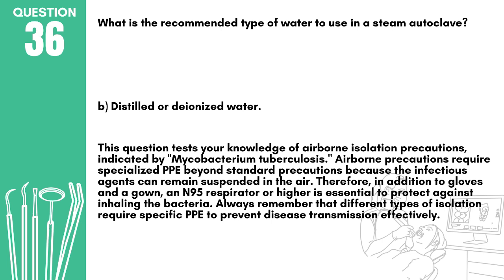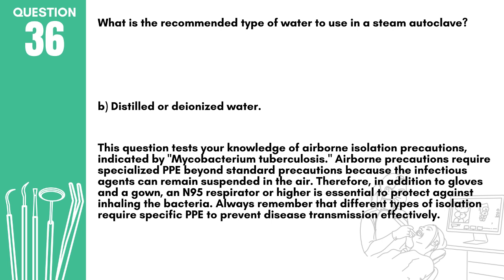This question tests your critical knowledge of sterilization equipment maintenance and longevity. The keyword recommended type of water to use in a steam autoclave refers to a specific requirement. Autoclaves require distilled or deionized water to operate properly and prevent damage. Tap water contains minerals and impurities that can cause scaling, corrosion, and residue buildup inside the autoclave chamber and on instruments, leading to malfunction and ineffective sterilization.